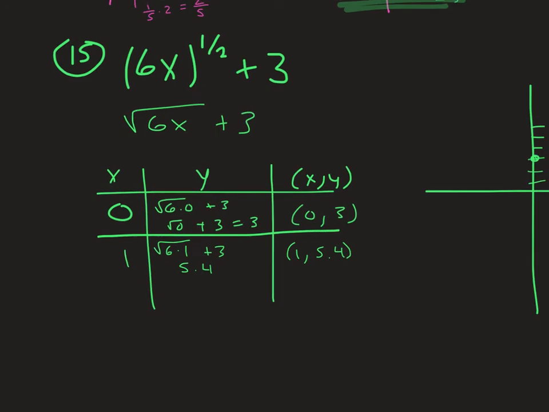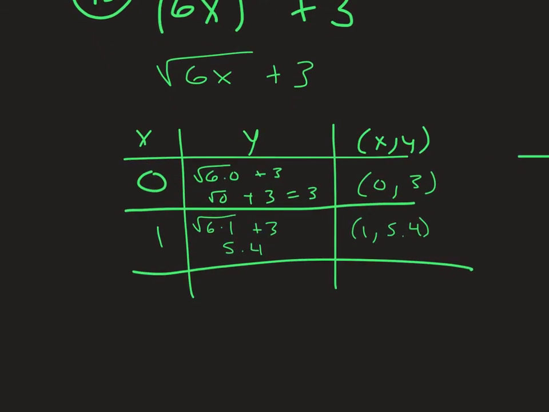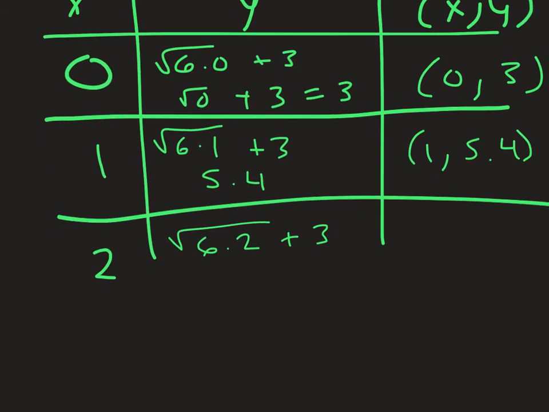What else can we plug in? Let's plug in 2. So we have 6 times 2 plus 3. So when we plug in 2, we have the square root of 12.